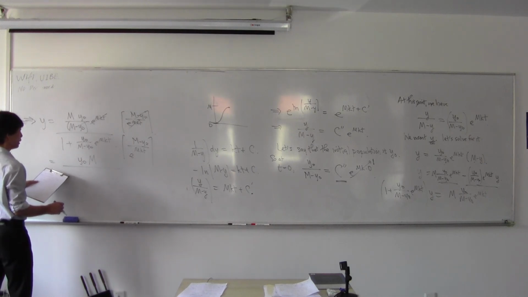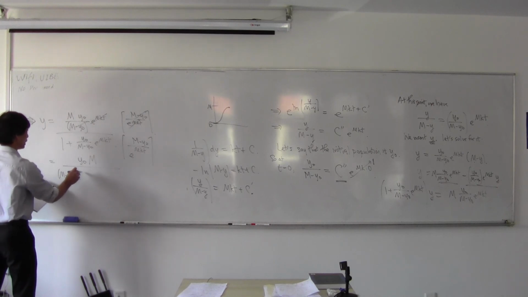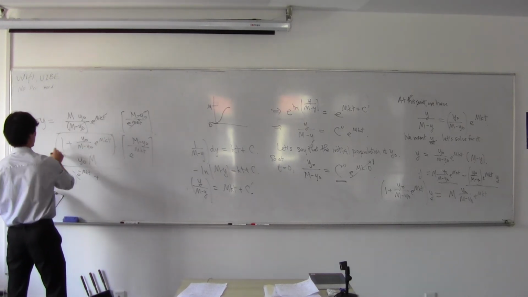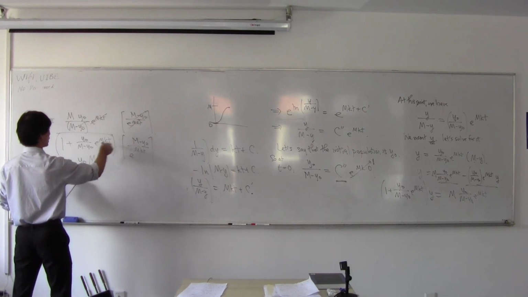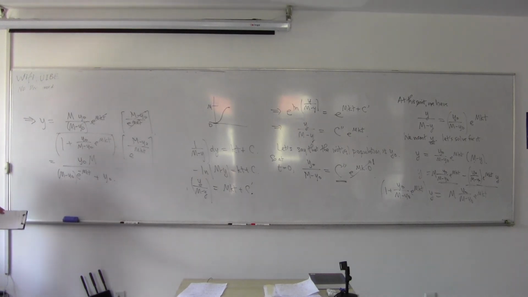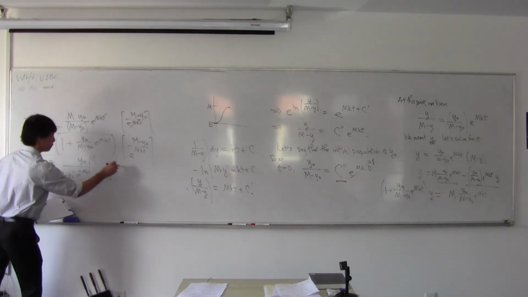And then on the bottom, we end up with m minus y naught e to the negative mkt plus, these guys cancel, plus y naught. So we get y, here's the last formula.